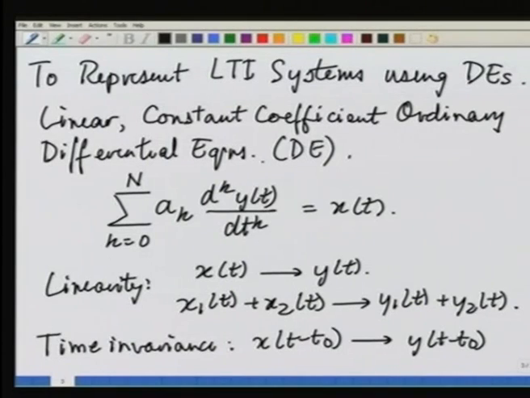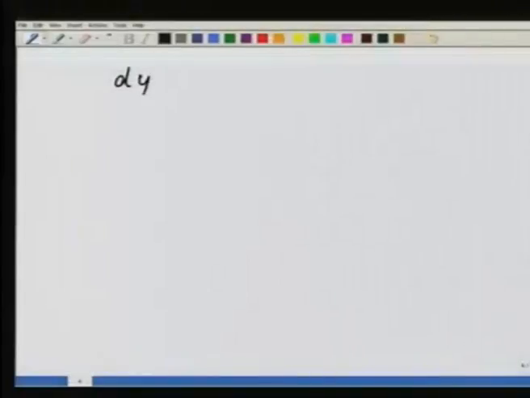But these things are best understood first in the case of the simple derivative. Suppose the differential equation is simply dy(t)/dt equals x(t). This represents a system in some way, and this system is clearly linear and time invariant, because if you scale x(t) and when y(t) is the solution, then the correspondingly scaled version of y(t) will also be a solution.